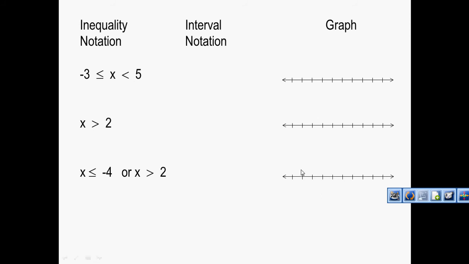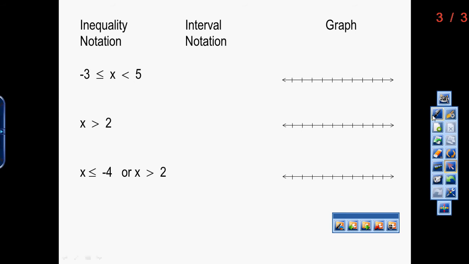Okay, so when we're looking at interval notation, I know that because I have an also equal to sign, that's going to be bubbled in. So it's going to be colored in. Here I don't have an equal to sign, so that's going to be open.